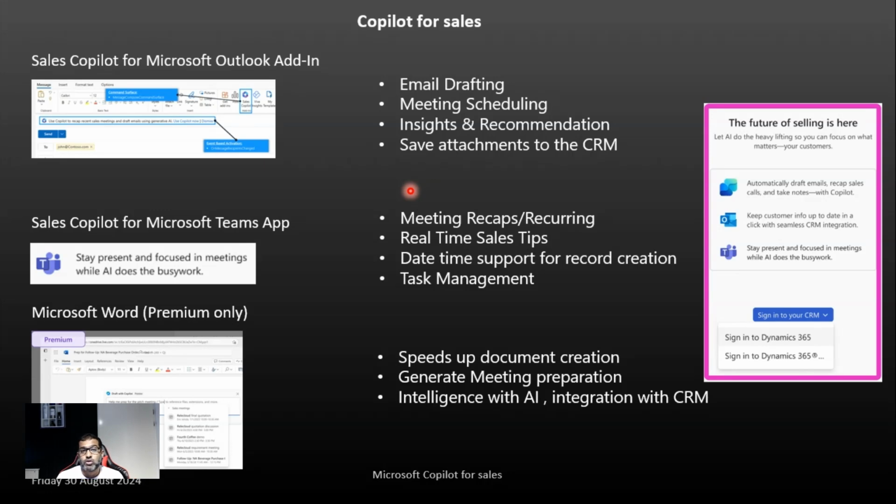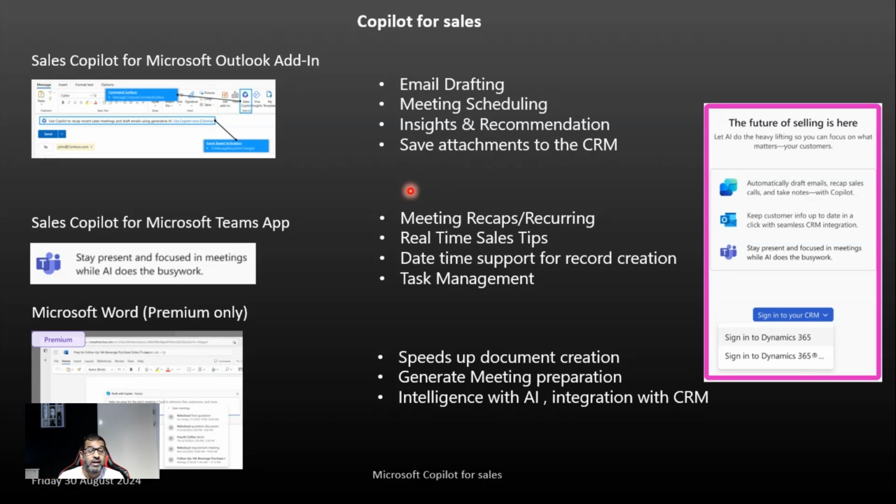And it could also give you real time sales tips based on the data that is retrieved from the CRM system. It is also giving date and time support for the record creation into the CRM system, and it is also giving task management, which is really good, right? Once the meeting is completed, the relevant tasks that were mentioned in the meeting are automatically created, and it is giving you a suggestion.